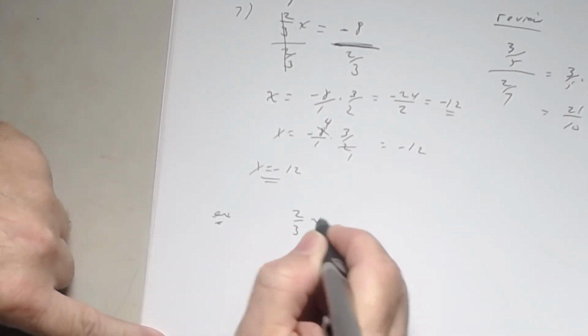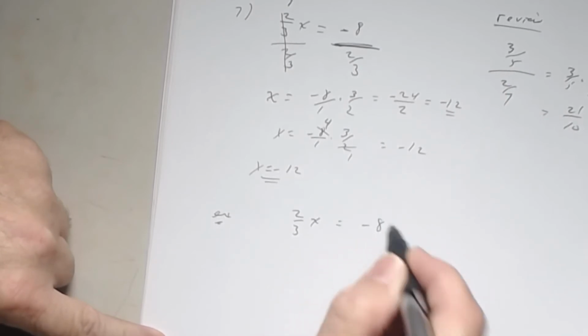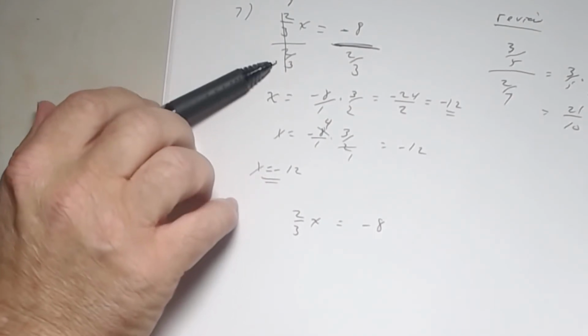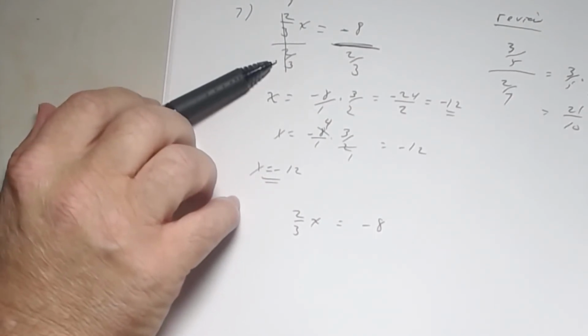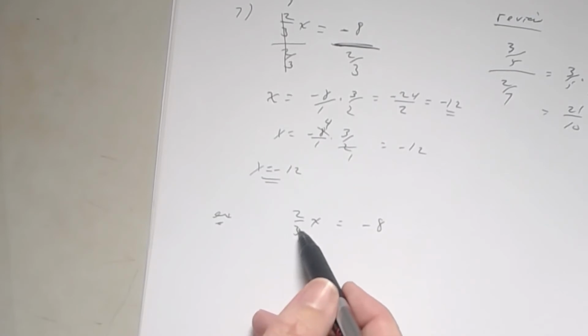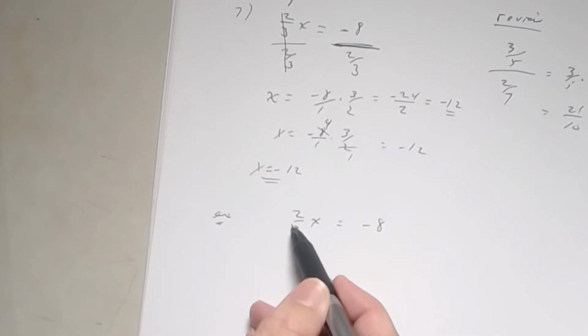I'm going to write this over. Remember, you want the coefficient of x to be 1. You see how I divided both sides by 2/3? Dividing by 2/3 is the same thing as multiplying by the reciprocal. So in my mind, in order to get x by itself, to get this to be a 1, I need to multiply this fraction by its reciprocal.